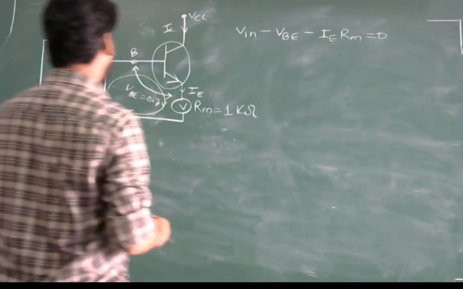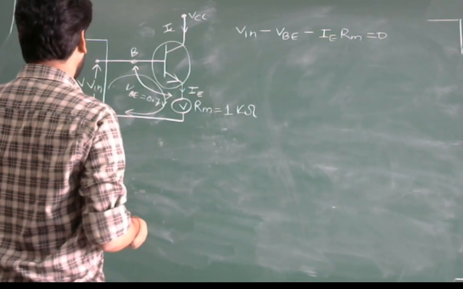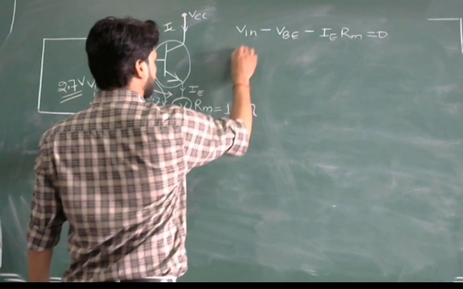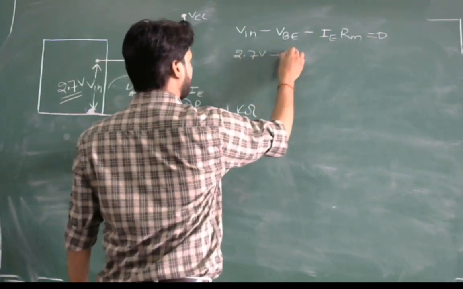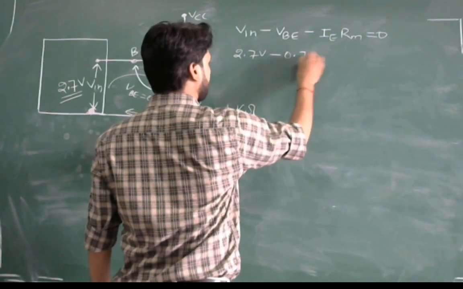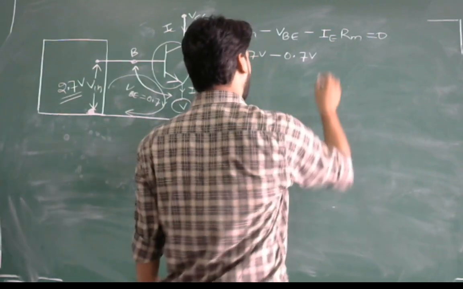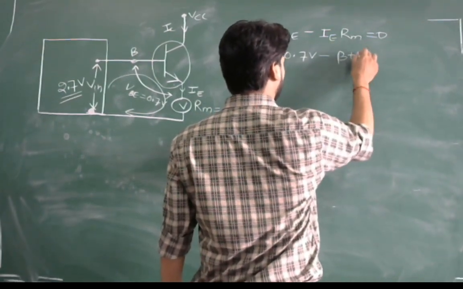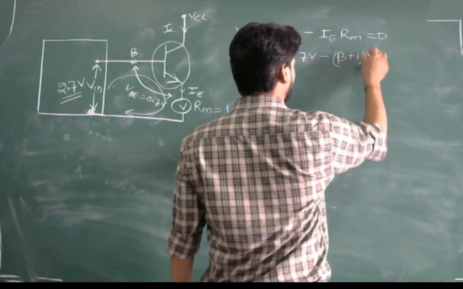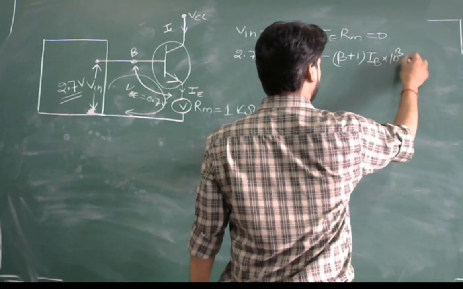We have to calculate the value of base current. We will put all the values. Value of V in is 2.7 volt. Value of VBE is 0.7 volt. Value of IE, in place of IE, I will put beta plus 1 IB, and value of RM is 10.3.